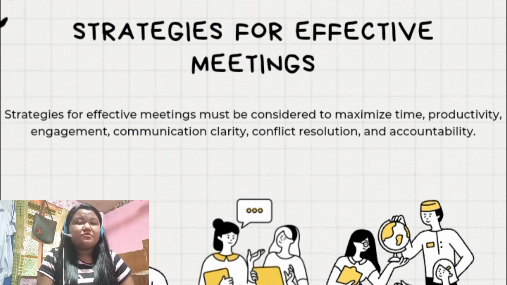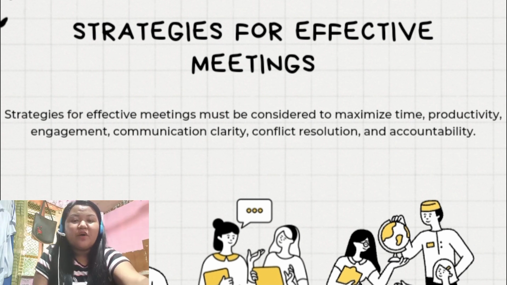So with this engagement, this is the time that the one who also sets the agenda, or the one who's leading the meeting, will be asking various questions, and that is where those people who are a part of the meeting will be sharing all of their opinions and how they will proceed with the plan to make it more effective.